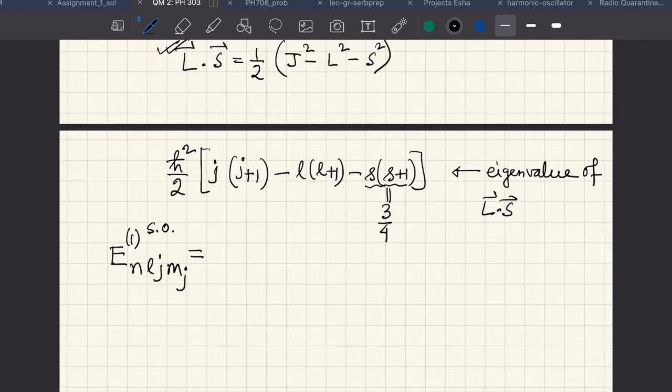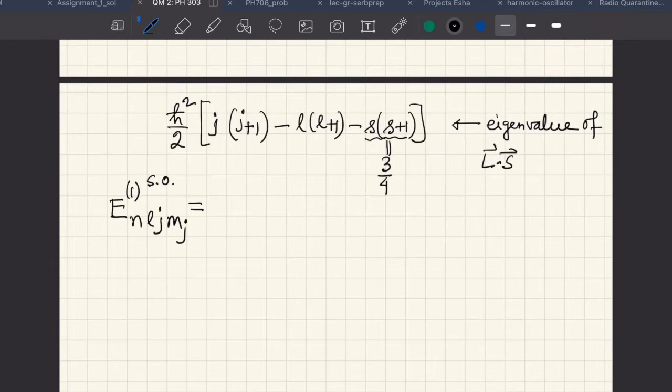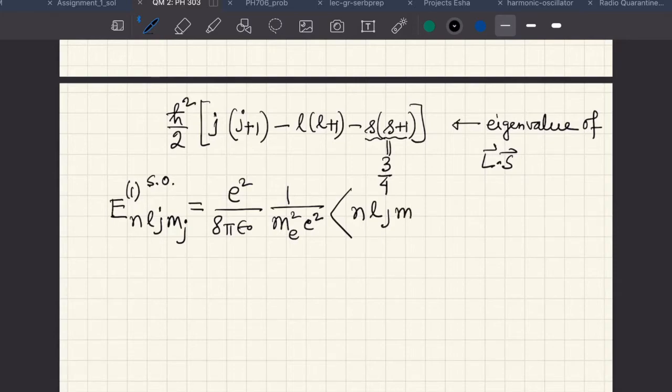So this is, according to our expression, e square by 8 pi epsilon naught, 1 by m e square c square, but then there is a 1 by r cube, and then there is also S dot L. Everything needs to be sandwiched between n, l, j and mj: S dot L divided by r cube, n, l, j, mj.